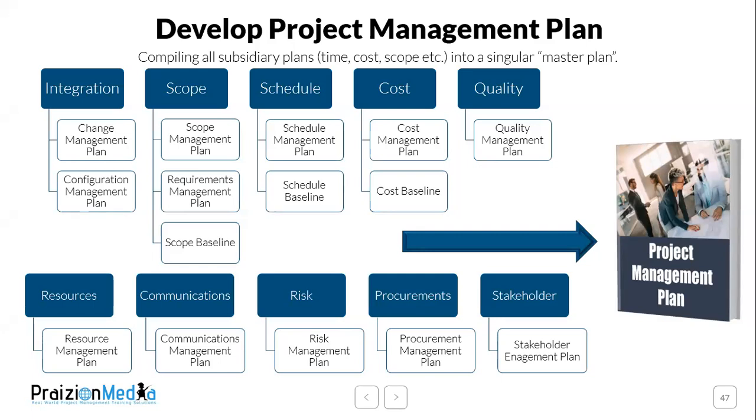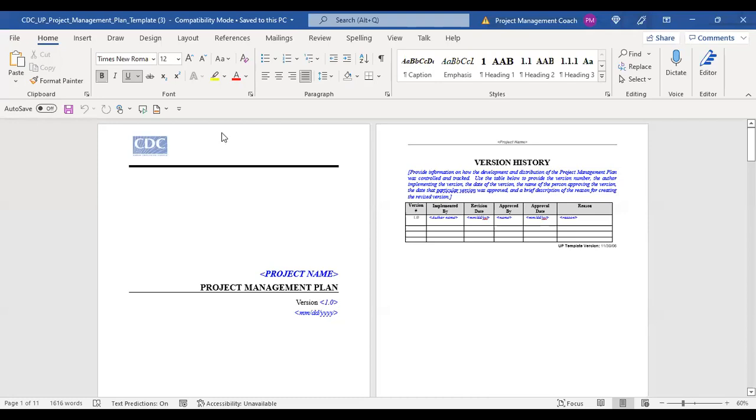Now, expanding on this, your project management plan is the definition of how the project will be executed, how it will be monitored, controlled, and closed. And bear in mind, like I showed you, there are different ways you could construct this plan. It could be a very high-level plan, and it could be detailed.